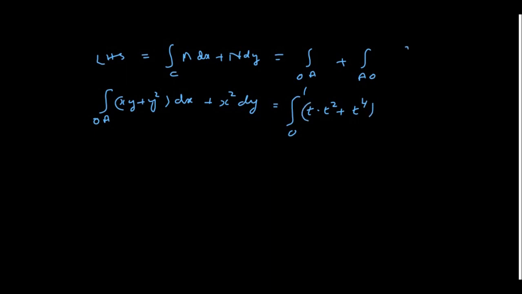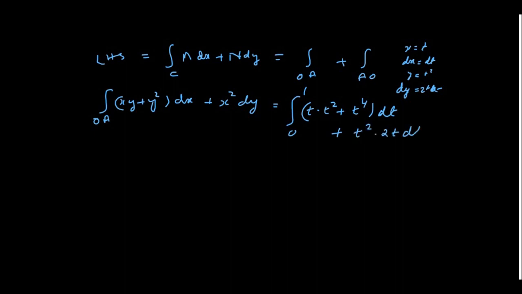Since x is equal to t, dx is equal to dt, and y equal to t square, then dy is equal to 2t dt. So this is dt, plus x square, that is t square, into dy, 2t dt.